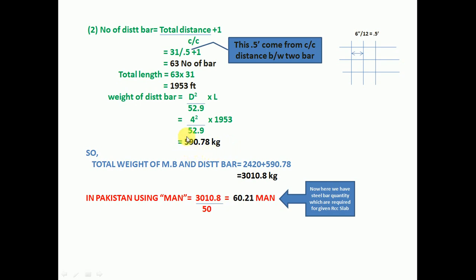So the weight of the distributed bar is 590.78 kg.